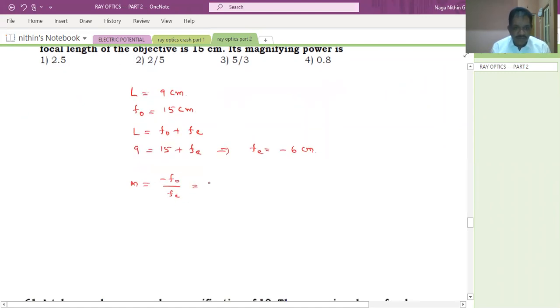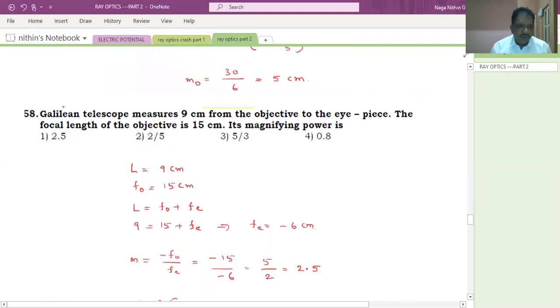So this is minus of minus 15 by minus 6. So 3 2s, 3 5s will cancel. This will be 5 by 2, means 2.5. So M is equal to 2.5. Okay, this is the answer for it.